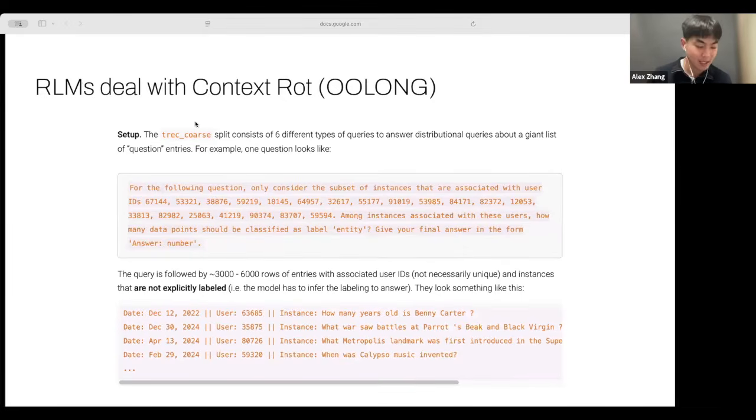This data set is basically a bunch of very difficult questions where the questions require you to look very densely at the input and answer something about it. So it's very different from retrieval style tasks, but all of these tasks fit fully in context for GPT-5. The largest problem is 260K tokens, and GPT-5 is 272K, I think, for input tokens.